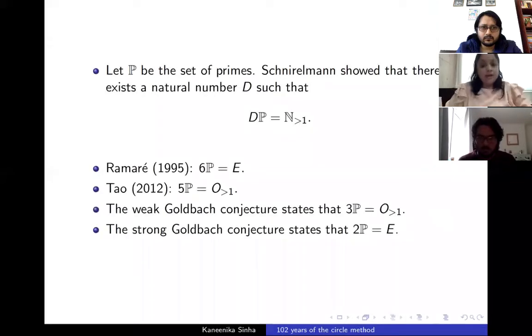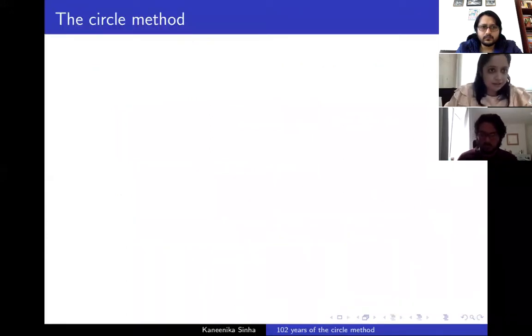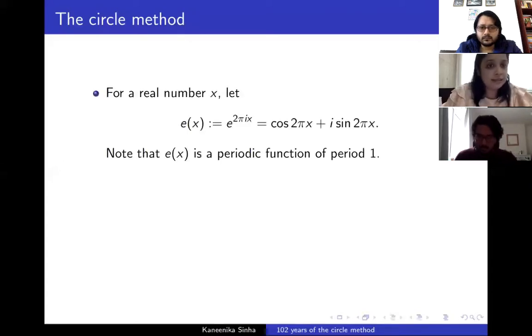Now we move to another formulation of these additive problems using the main topic of this talk, namely the circle method. This also starts with a very elementary observation. For a real number x, particularly you can take x to lie between 0 and 1, you define E of x. This is an important notation. We are going to keep using it throughout the talk.